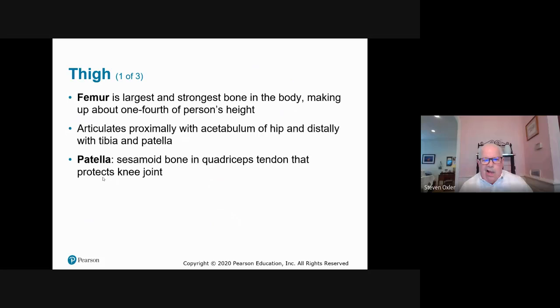The patella. The patella is the largest sesamoid bone in the body. It sits in the quadriceps tendon. Its function is to protect the knee joint. So know the femur is the biggest and the patella is the largest sesamoid bone in the body.